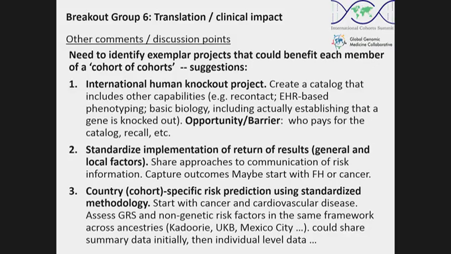It would be nice to have the same approach and then see whether there are differences in, for example, the genetic architecture of coronary disease across ancestries across the world. And obviously there's an issue or an opportunity with data sharing, either across cohorts or across individuals.